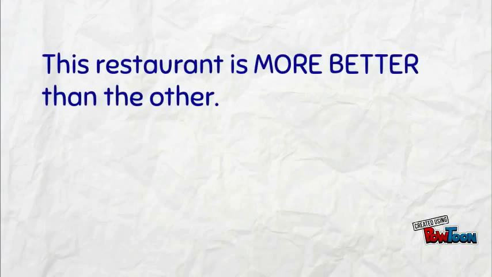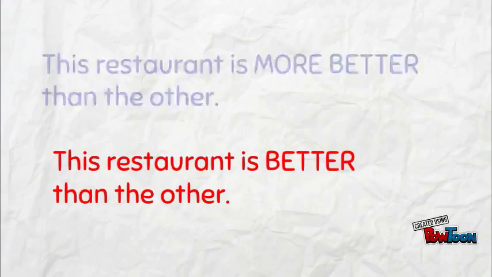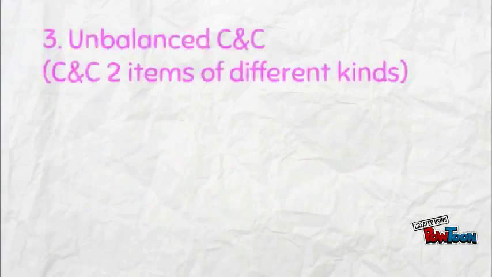It's also the case of this example about comparatives. Instead of saying that this restaurant is more better than the other, we just need to say, this restaurant is better than the other.